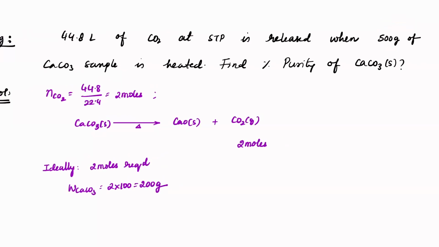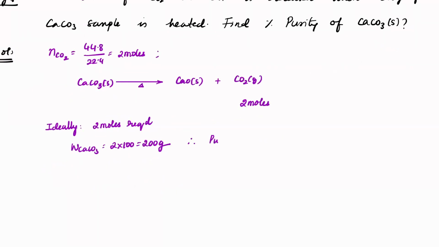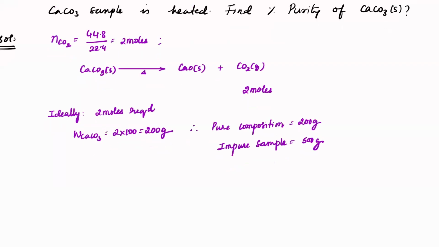So therefore, the pure composition is 200 grams, the impure sample is 500 grams. Therefore, percentage purity will be equal to pure composition by impure composition into 100, which makes it 200 by 500 into 100.